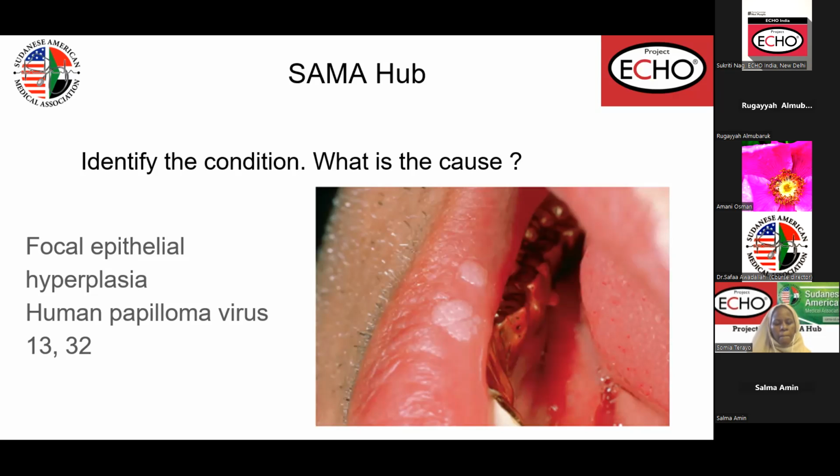Also, condyloma acuminatum can be seen in the genital area, while focal epithelial hyperplasia does not. So these are the differences between the two of them.